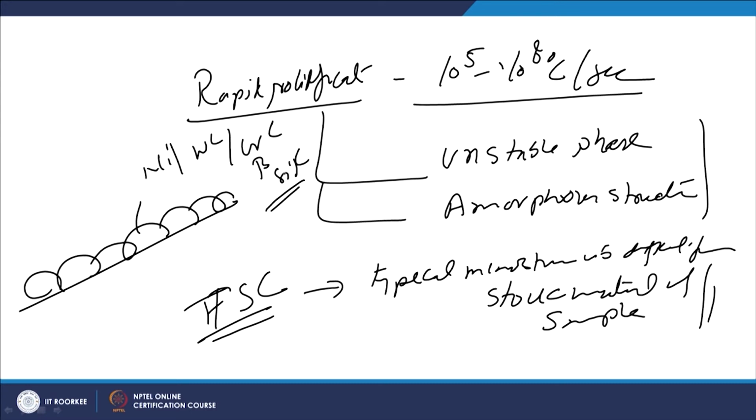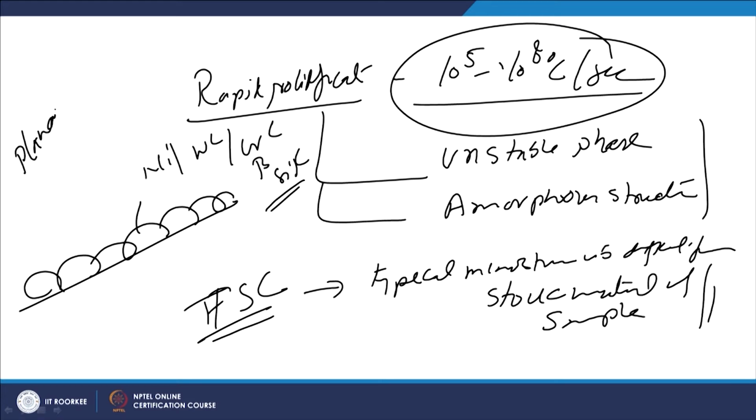Because here we come across very high cooling rates, the semi-molten or completely molten state, and in some cases even just thermal softening taking place, we do not get the common structures in flame spray coatings, which may be in the form of planar structure, cellular structure, dendritic structure or equiaxed structure.